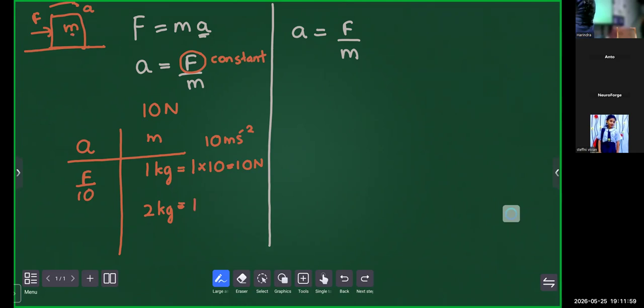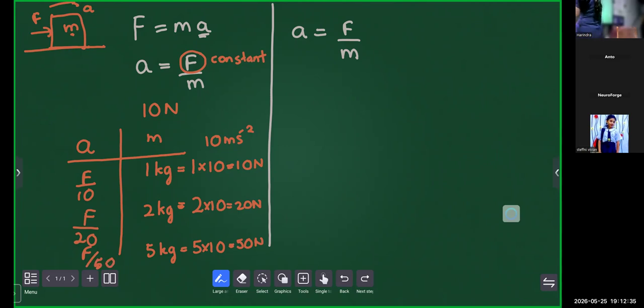Now what is the force? 2 into 10, it's 20 Newton. Acceleration here is F divided by 20. Now we apply 5 kilograms. What is the force? 5 into 10, now 50 Newton. Here, F divided by 50.